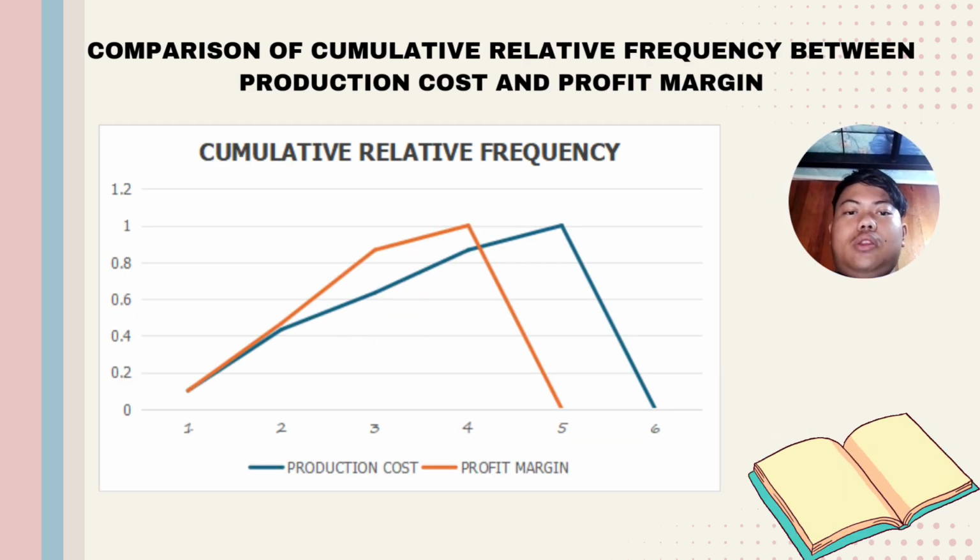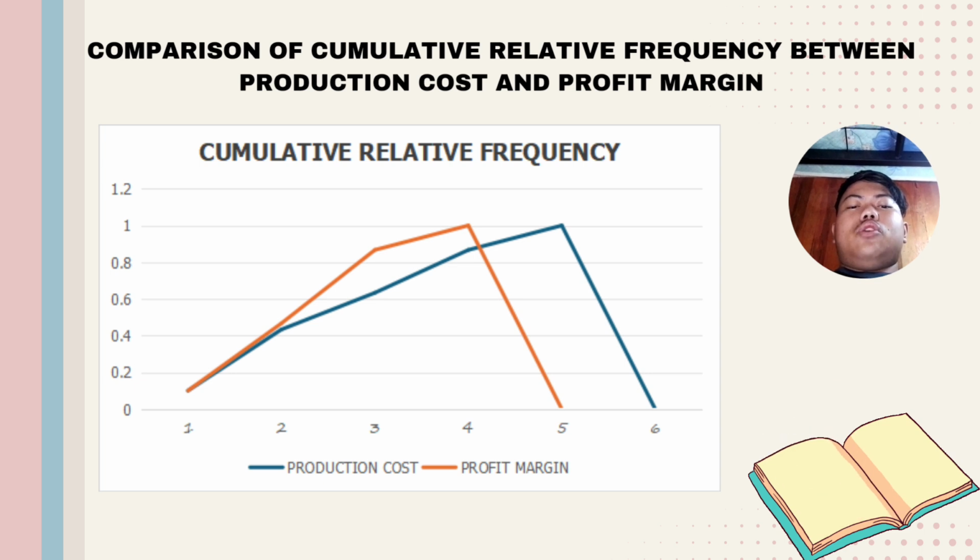Lastly, we examine cumulative relative frequency, which allows us to observe the progression of data. For example, the cumulative relative frequency of production costs reached 0.87 at the 91 to 80 range, showing that nearly 87% of data lies below the threshold.